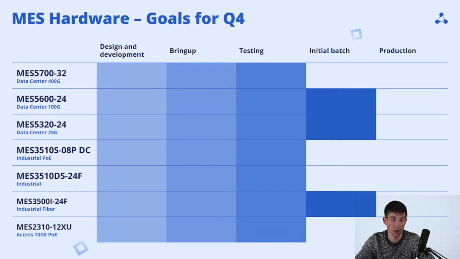And the hardware goals for the 4th quarter, for the end of the year, you can see there are quite a few actually, 7 models. I would like to highlight the one at the bottom. There is an access model that's aimed somewhat for the future, because it is designed for access points that have a 10 gigabit Ethernet WAN port and PoE port.